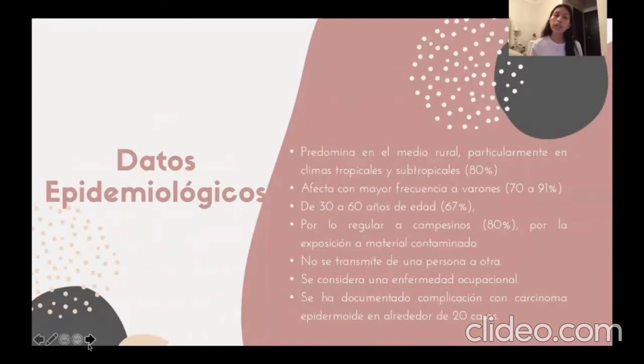it predominates in rural areas, particularly in tropical and subtropical climates. It affects men more frequently, between 30 and 60 years old, usually farmers, due to the exposure to contaminated material. It's not transmitted from person to person and is considered an occupational disease.